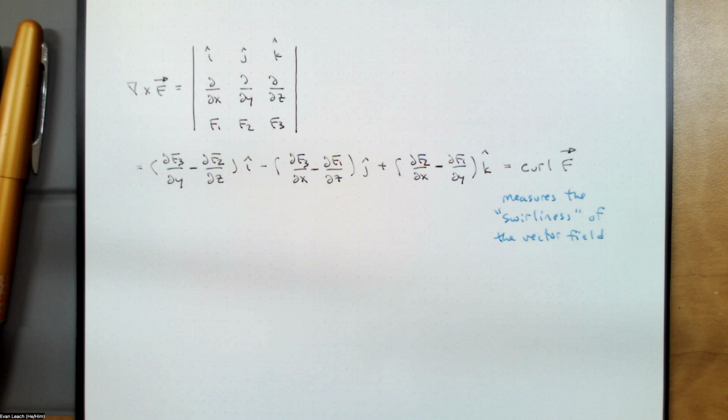So it's really telling us the plane where the vector field is spinning. As the air is spinning around here, if I grab the vector field and measure it right in this spot where my hand is, this is the swirl. Here's the direction of the curl of that vector field. And so here's the plane, the general swirliness of the vector field.